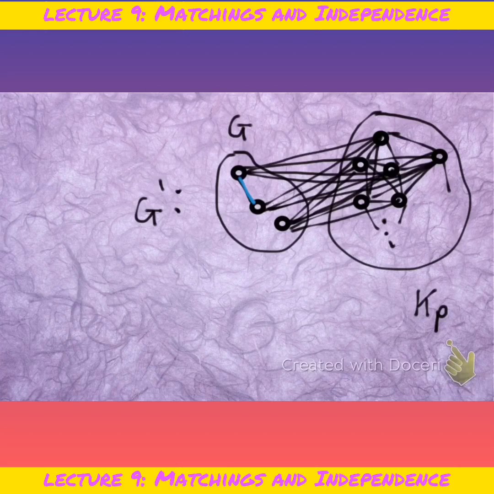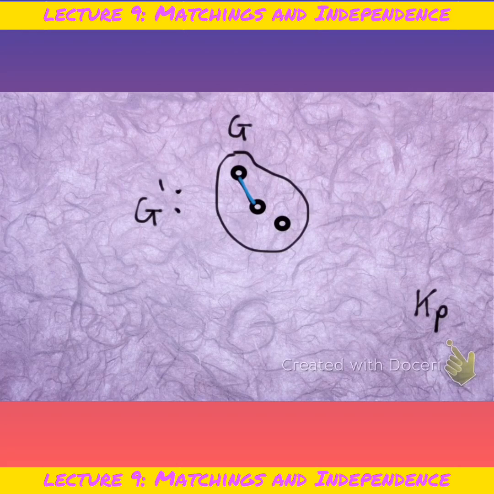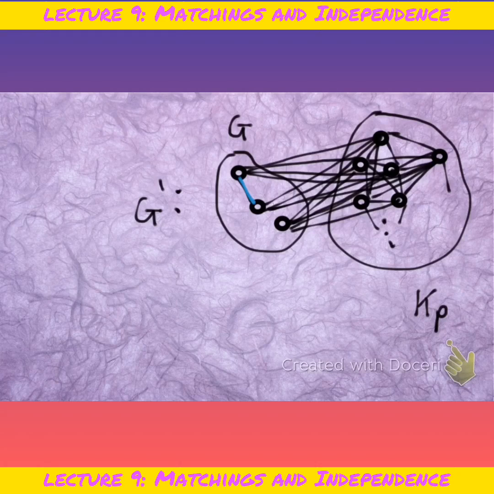If I delete K_P, how many edges of the matching am I destroying? The matching is all the blue edges. At the very worst, you can have an edge of the matching that matches each vertex in K_P to a vertex in G. So how many such matching edges can you have?